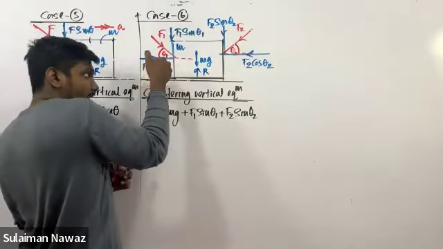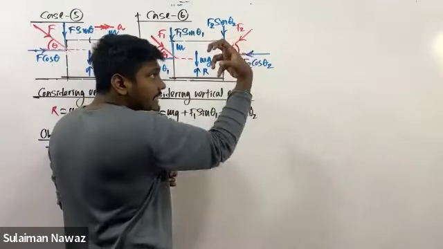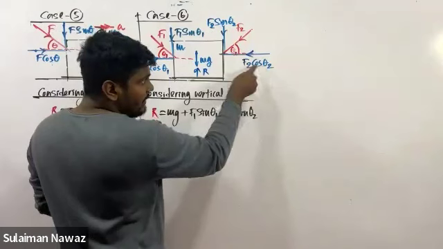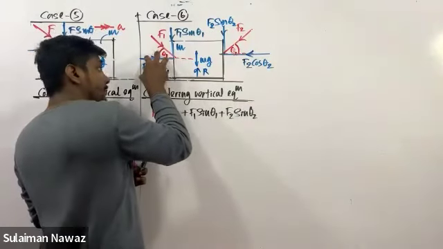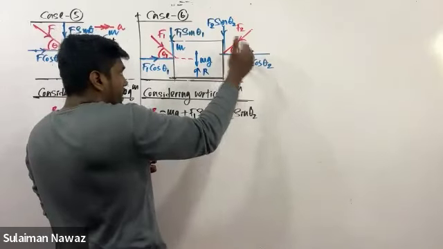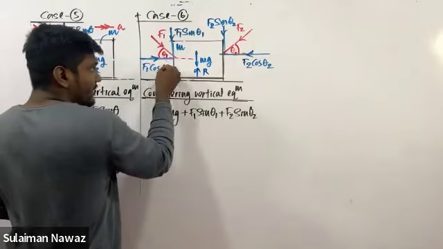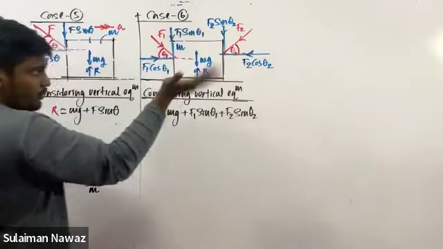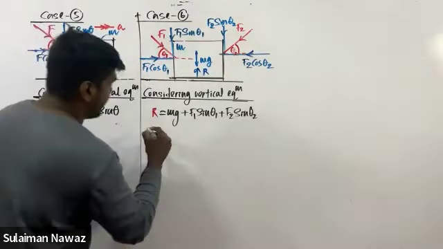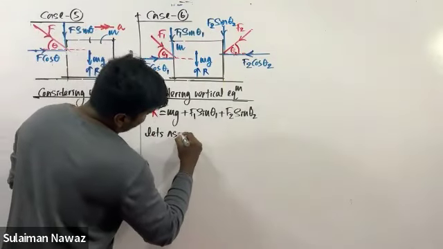So let's assume F1 cos theta 1 is larger than F2 cos theta 2.